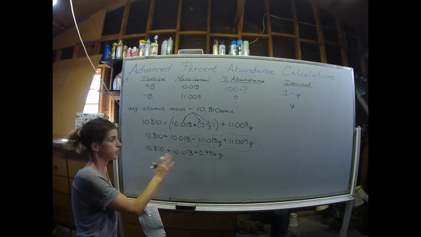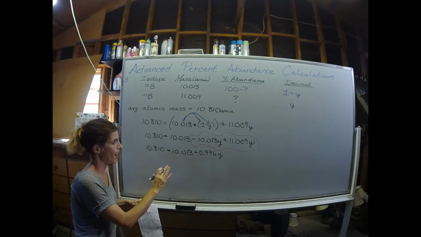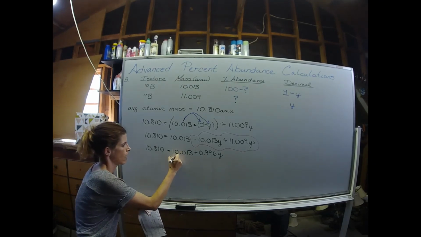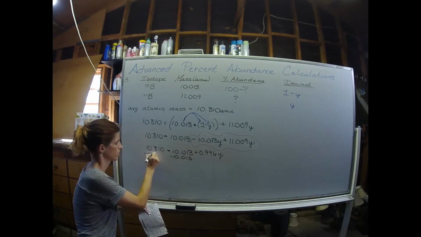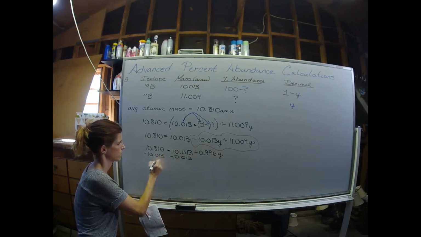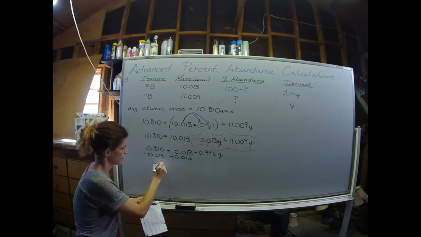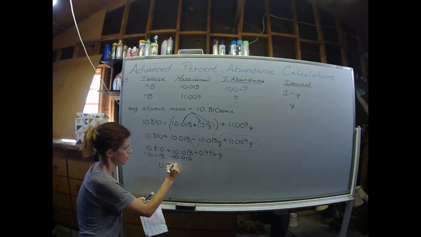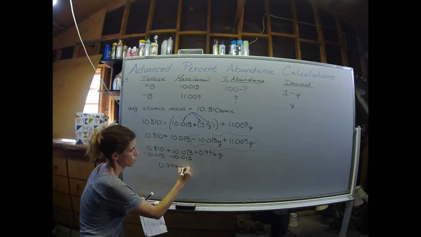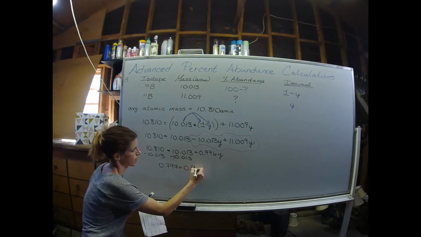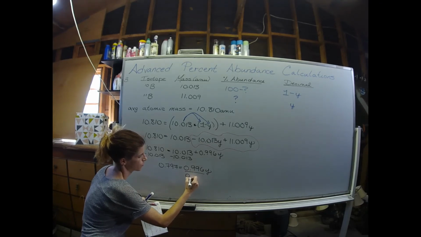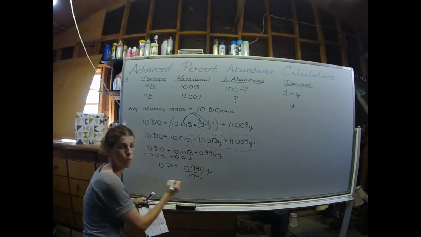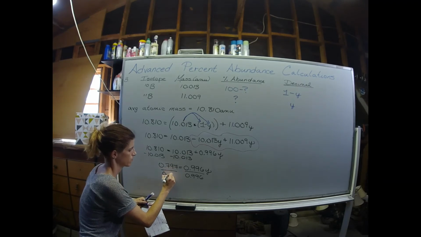Since both of these terms are just flat out values, I can subtract the 10.013 over. That left me with 0.797 equals 0.996y, and we'll divide both sides by 0.996 to get y by itself.